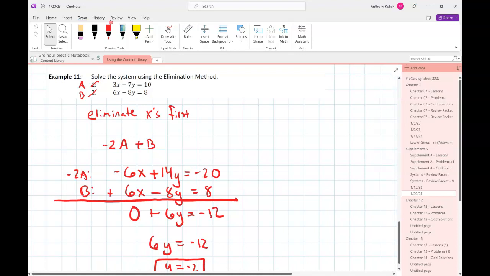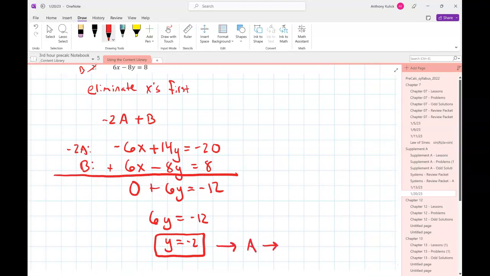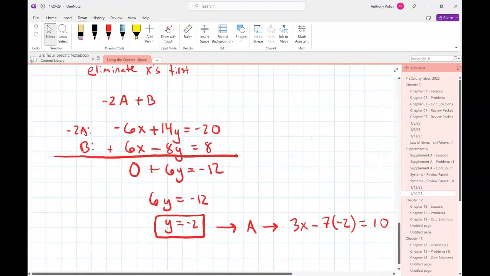I think they look about the same to me too. So I'll do equation A for alphabetical reasons. So I'll just plug that into A, which gives me 3x minus 7 times -2 equals 10. Right? Okay, good.